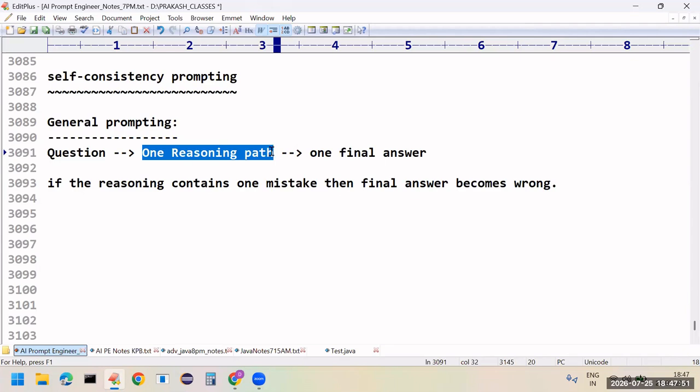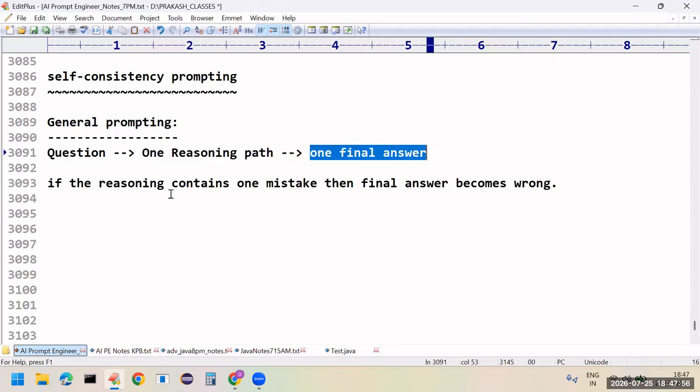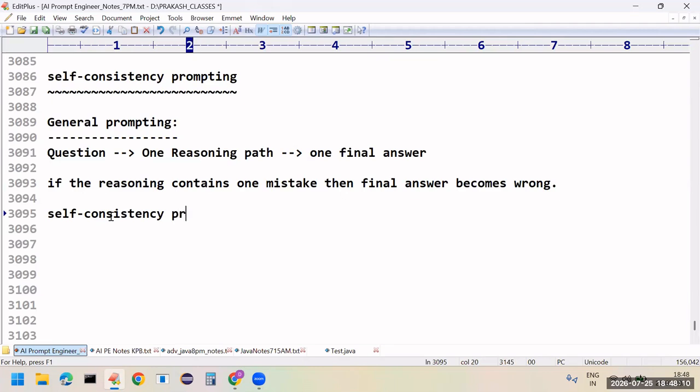If that path has any mistake, definitely your answer is also wrong. That's why, in self-consistency prompting, it is going to generate multiple reasoning paths. So self-consistency is going to solve these kinds of issues.